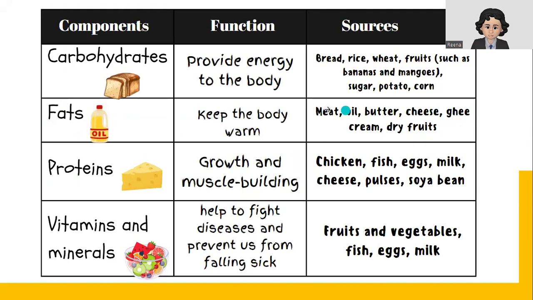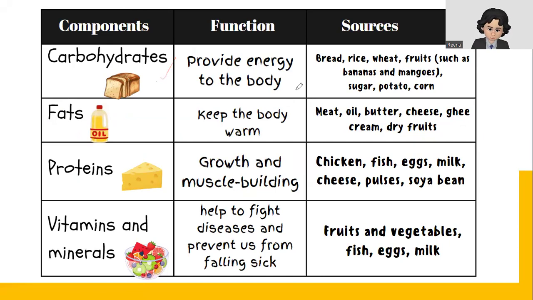So now let's talk about the components, their functions, and their sources. The components are very, very important, right? Because without that, we will not know the functions and the sources. Okay, so let's just talk about carbohydrates.